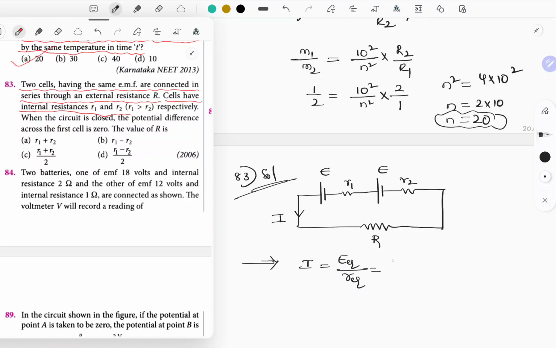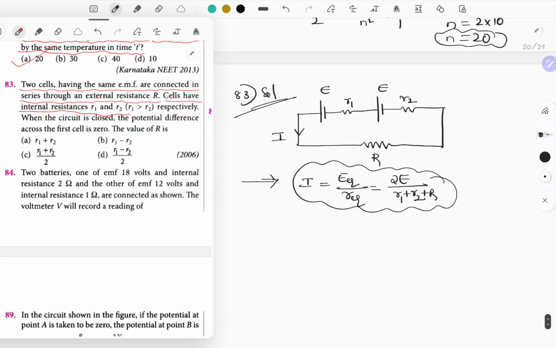What is E equivalent here? 2E. What about R equivalent? R1 plus R2 plus capital R. This is the value of current flowing through the circuit when it is closed with the help of the external resistor.